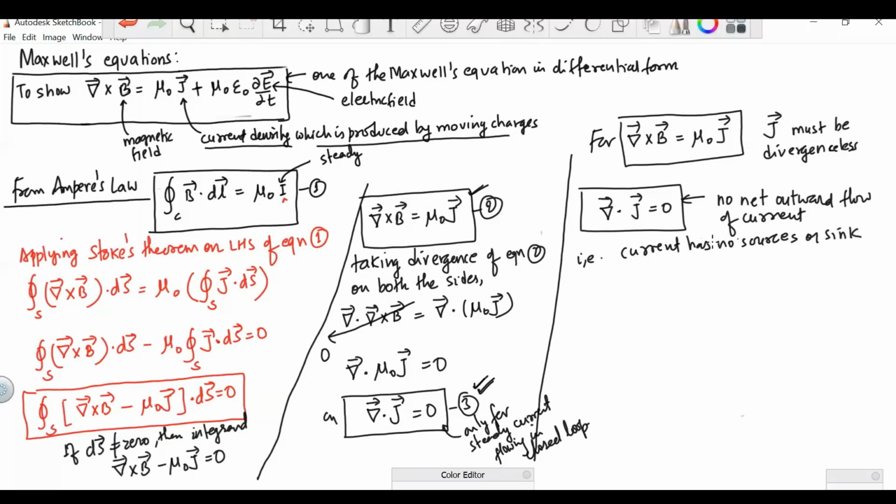So what does it mean? So what does this statement mean?